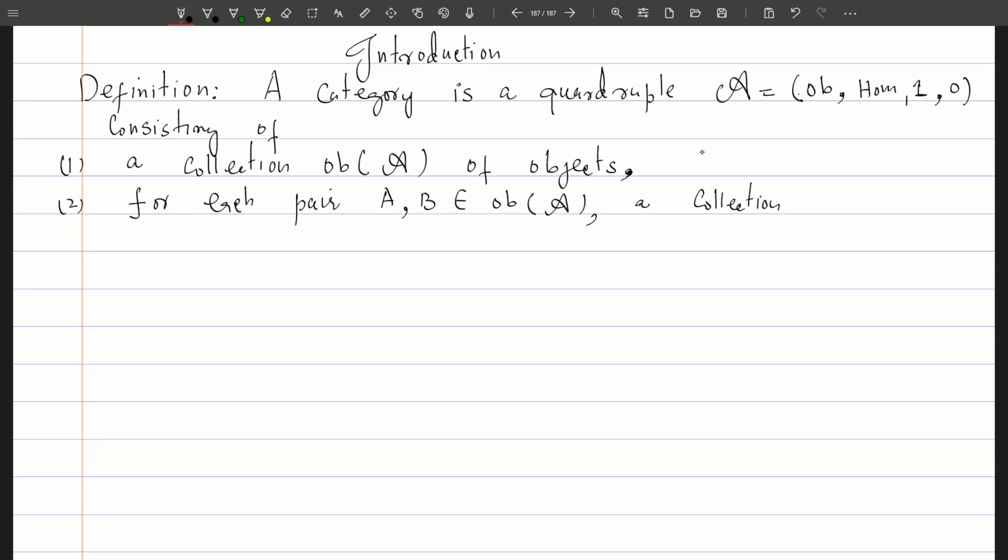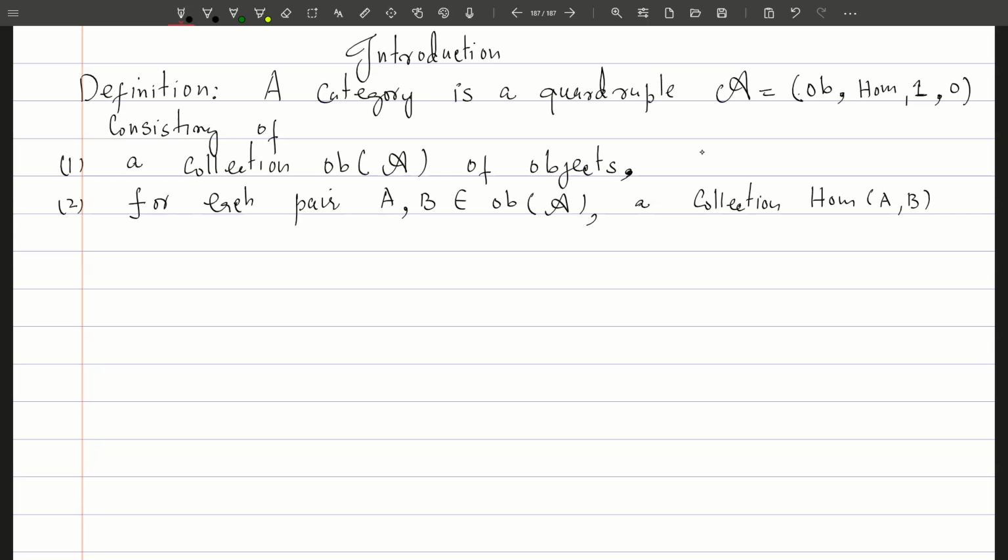This collection is denoted by hom(A, B). Sometimes we write a subscript, fancy A, here to emphasize that these elements A, B are objects of the category A. But here we do not need to write it because we have only one category here.